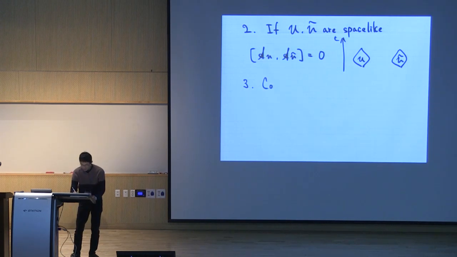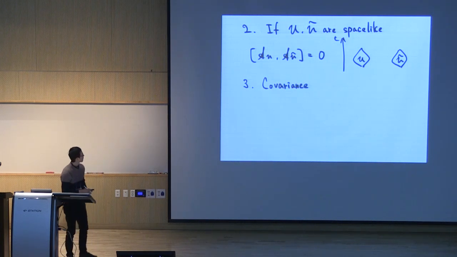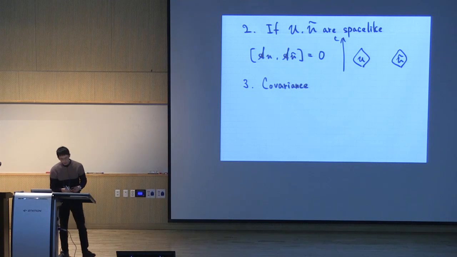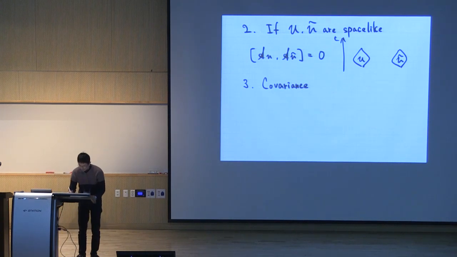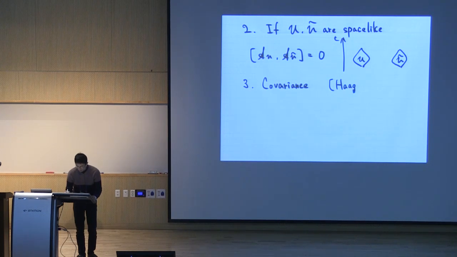You need to impose some covariance for the algebras, and the existence of vacuums, etc. But anyway, there are some postulates, and if you are interested, maybe you can take a look at Haag's textbook. It's called Local Quantum Physics.